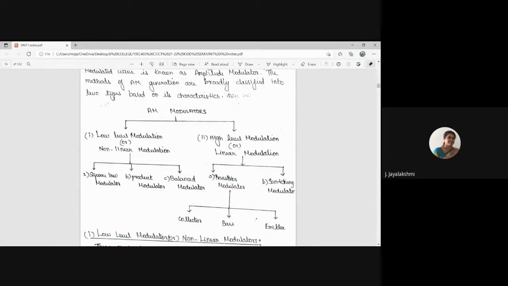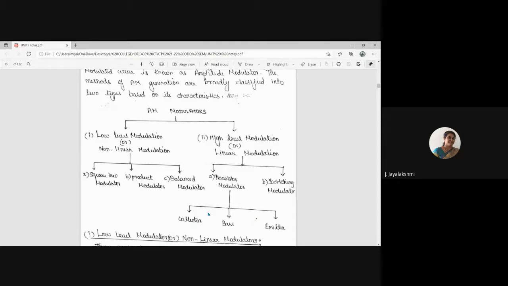Whereas under high level modulation, there are two types. One is transistor modulator, another one is switching modulator. Under transistor modulator, depending upon the configuration, you can go for collector or base or emitter configuration. Transistor has got three terminals, emitter, base, collector. So you can choose any one of the configurations in order to produce the AM wave.